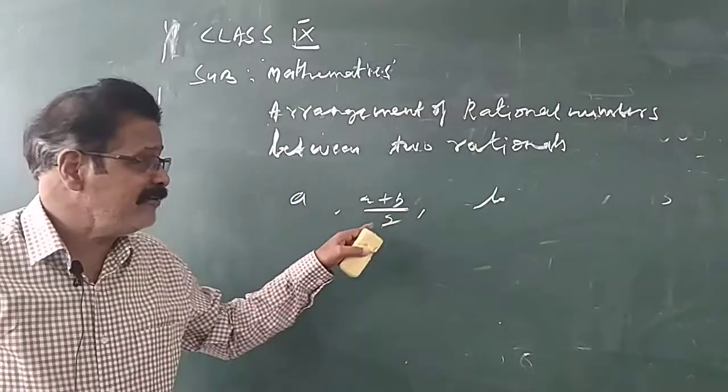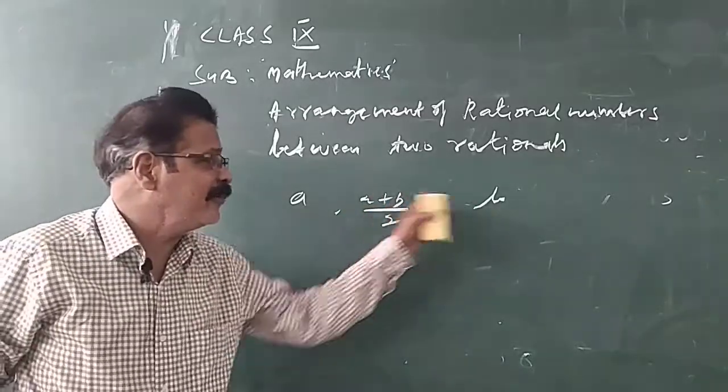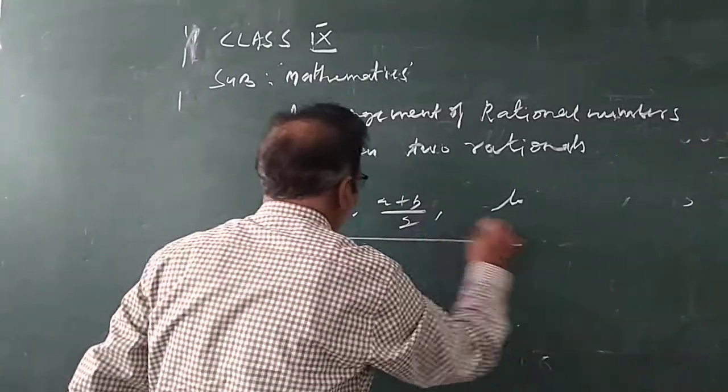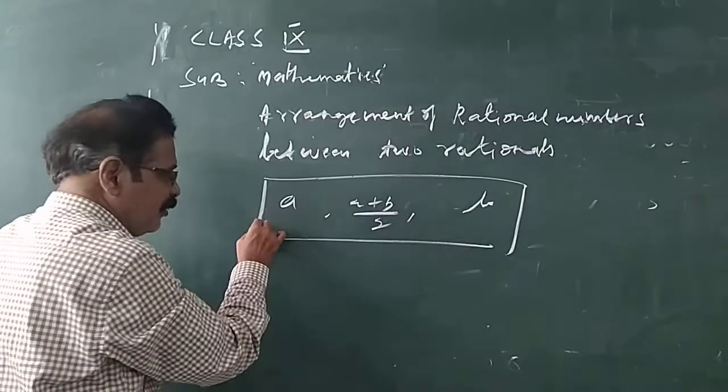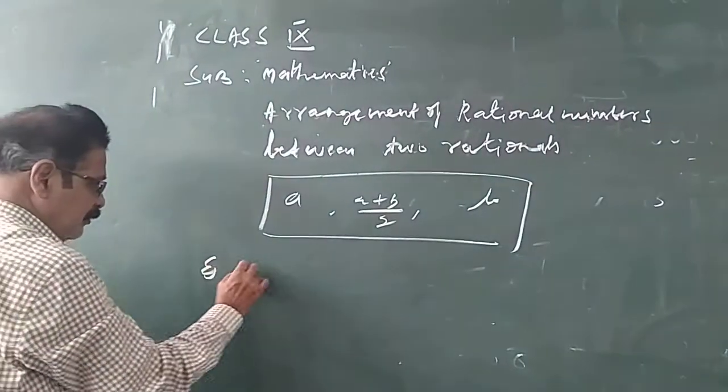The rational number between a and b is a plus b by 2. This is the mean method.